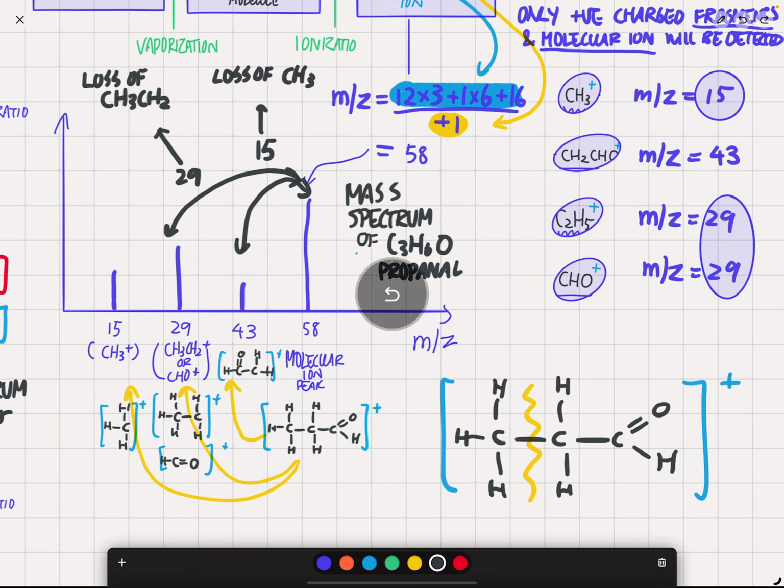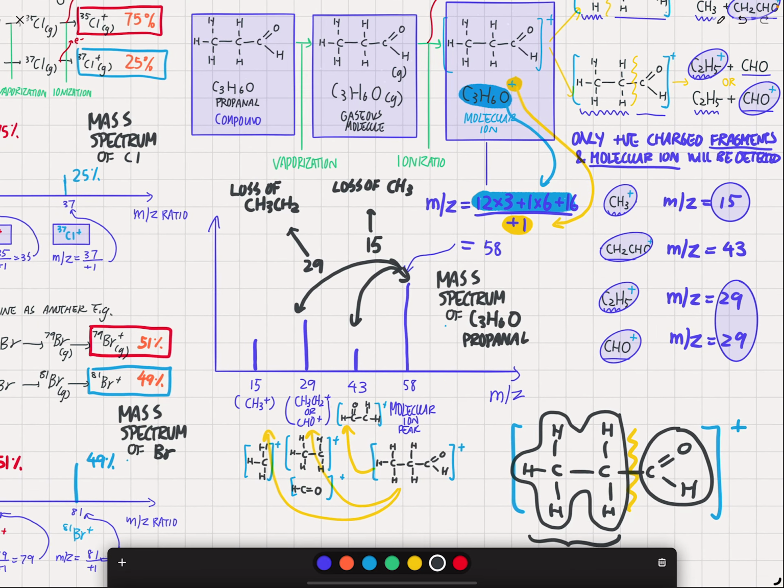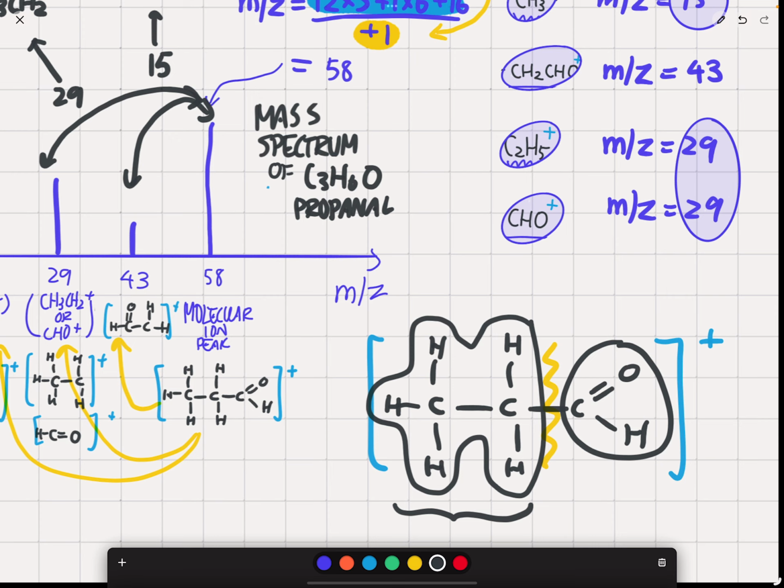And if it breaks up at this position and forms this fragment, then there will be 29 units of mass to charge ratio smaller than the parent fragment. So by comparing these peaks, we can tell the structure of this molecule.